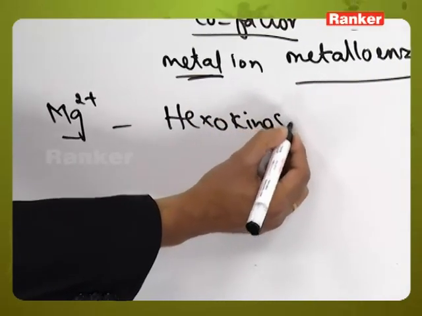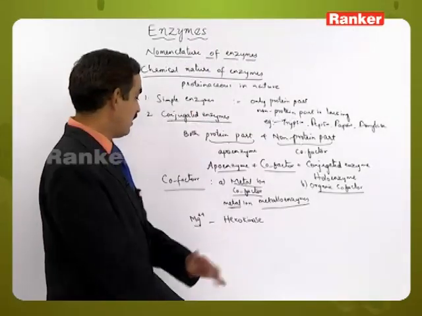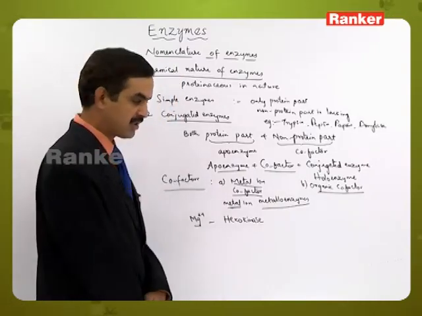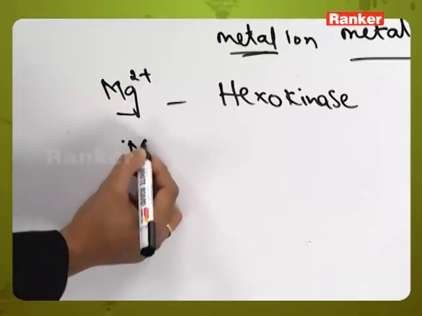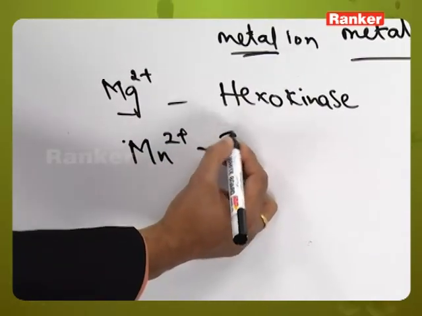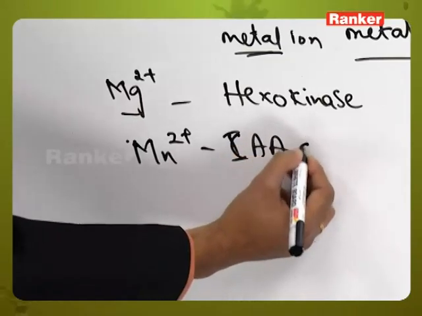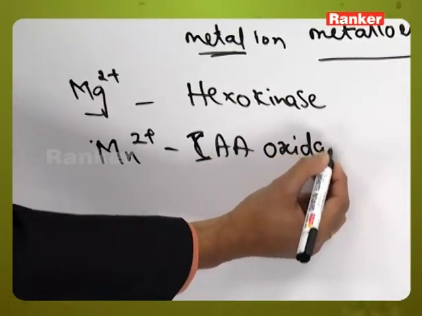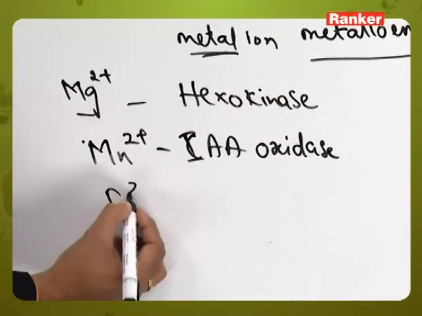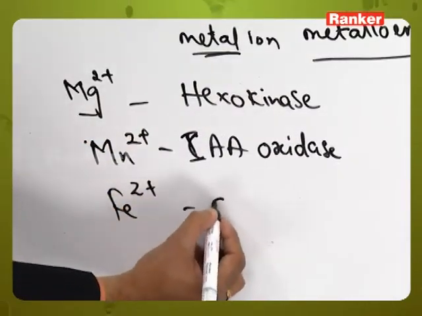As we know, the hexokinase enzyme participates in metabolic functions. Then manganese is for IAA oxidase, and Fe+2 is for catalase.